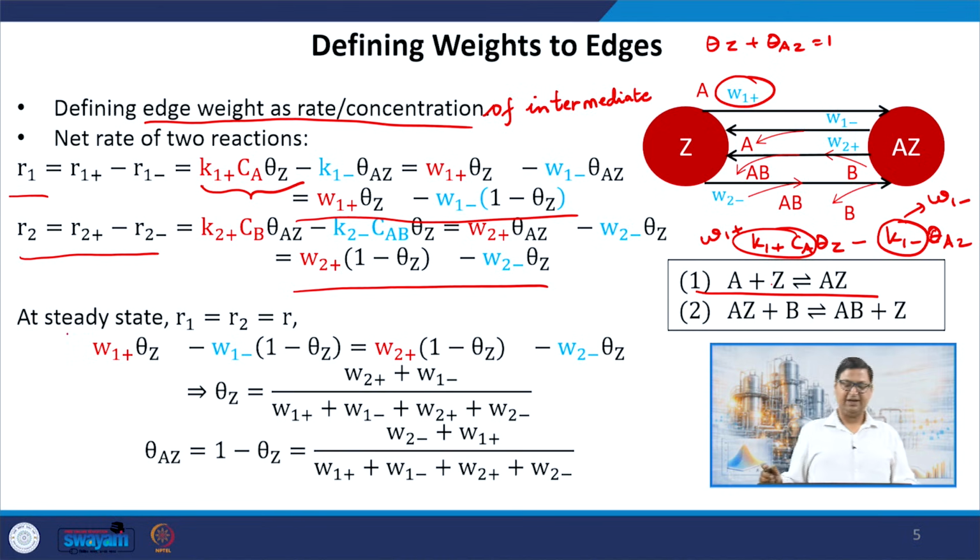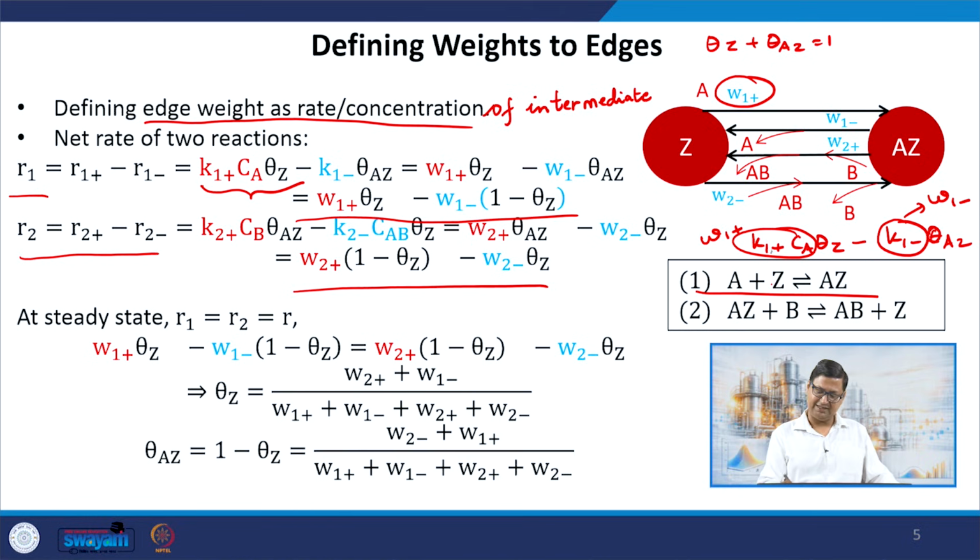And now at a steady state, clearly the net rate of the first reaction should be equal to the net rate of the second reaction. Why is that? Because we don't want Z or Az to get accumulated.